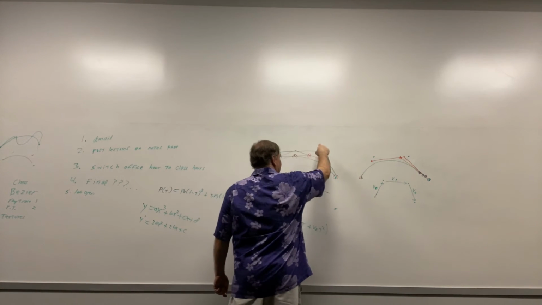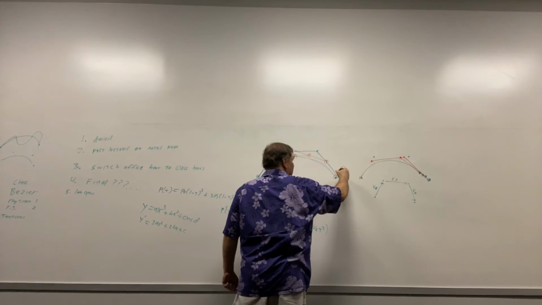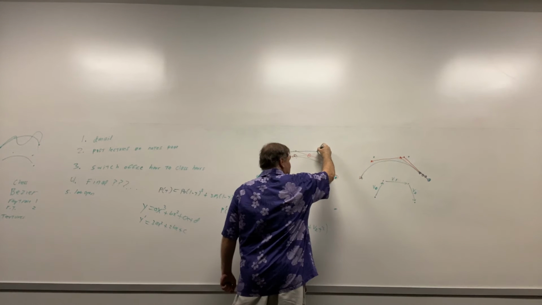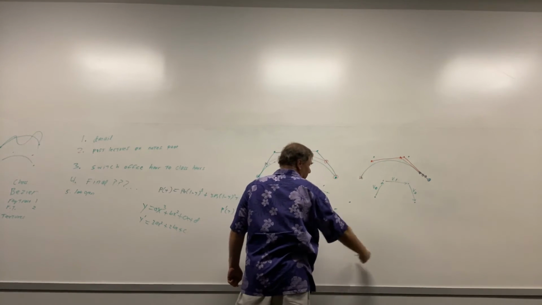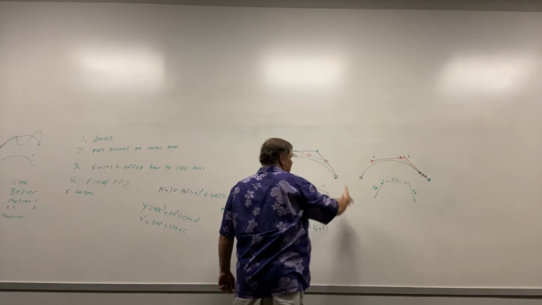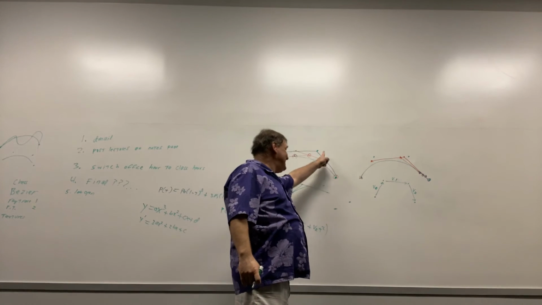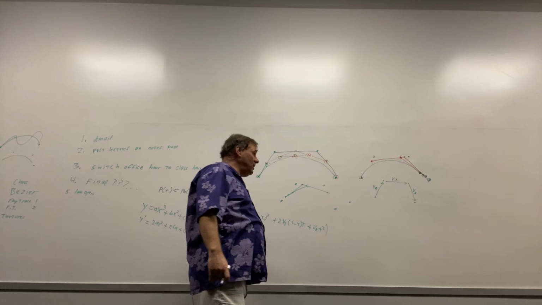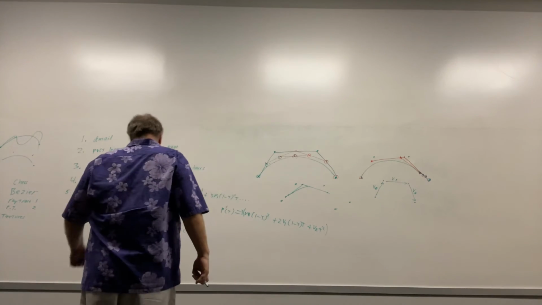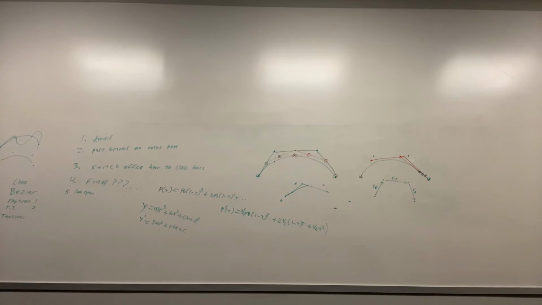If these are my 4 control points of the first curve, I simply start the second curve here, and the second point of it needs to be collinear with this one, and this one. And then I can put the other 2 wherever I want, and I'll have C1 continuity. Position continuity and tangent continuity. But I won't have C2 or curvature continuity. And you basically can't. It's extremely difficult with Bezier curves.